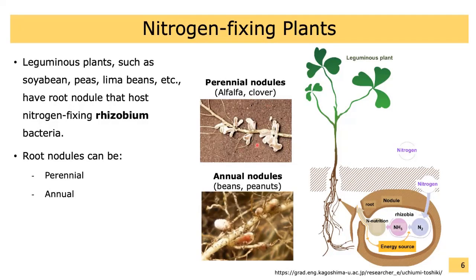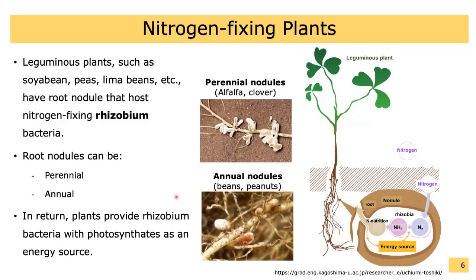In perennial plants, on the other hand, the bacteria fix nitrogen continuously. In return, plants provide rhizobium bacteria with photosynthesis as an energy source.